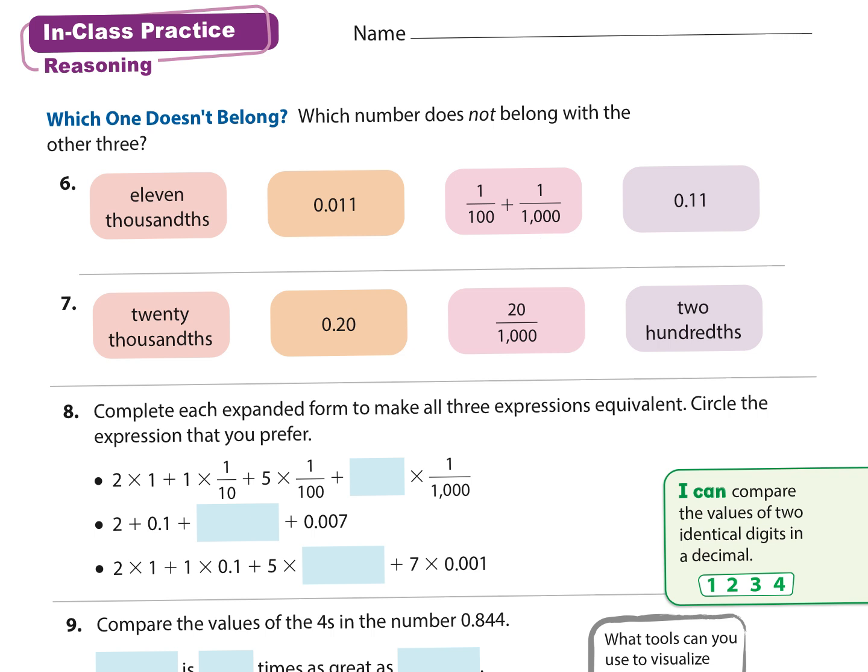What if I added a number to the end, remember how we said we can add a 0? What if I made this out of thousandths? Would 10 plus 1 give me 11 thousandths then? So which one doesn't belong? The purple one. This one.